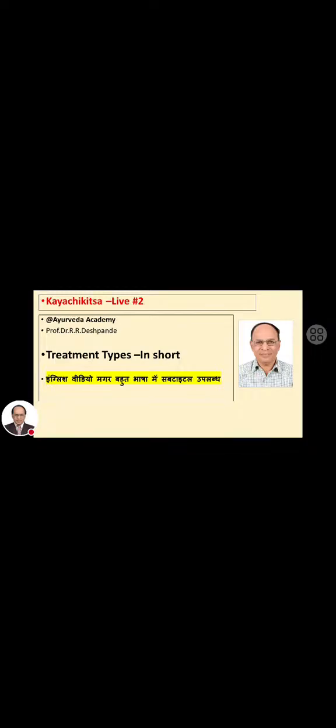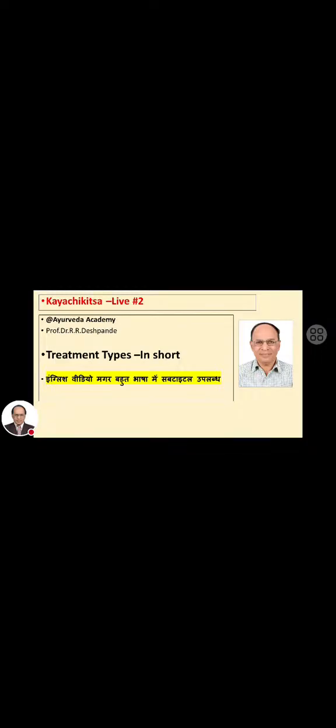Now, when we say dushya, it means the body tissues: rasa, rakta, mansa, meda, asthi, majja, shukra, on which the doshas are attacking. Also, dushya includes the srotas concept of Ayurveda, body channels: rasavaha srotas, raktavaha srotas, mansavaha srotas, etc. Then Agni is also dushya because it is also deranged.